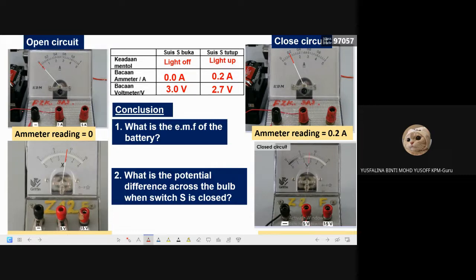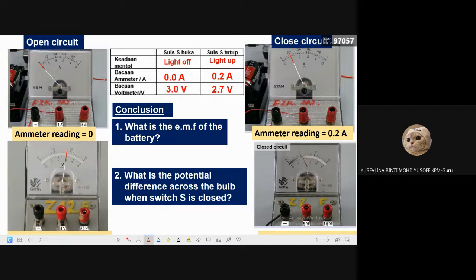But when the switch S is closed, the bulb will light up because now the current is flowing in the circuit. And the ammeter has a reading, of course, because the bulb is lit up, meaning there is a current flow, 0.2 ampere. But you can see the voltmeter reading has dropped. Now it becomes 2.7 volt.